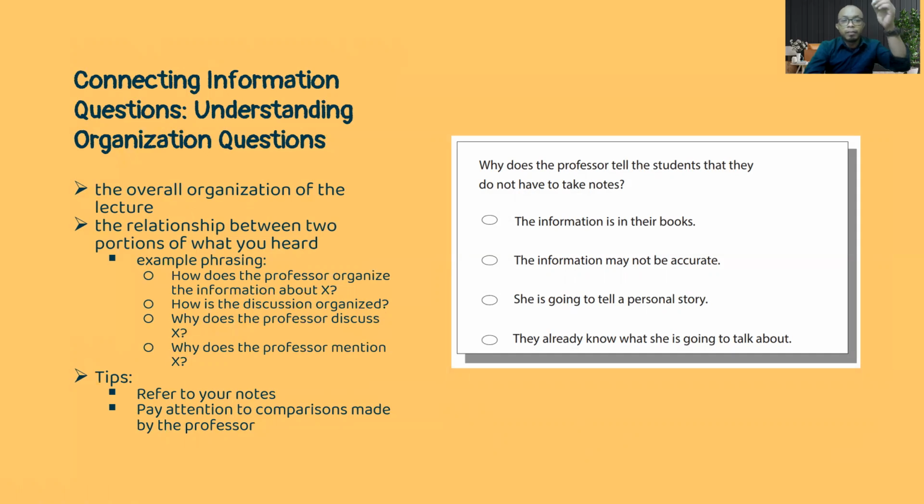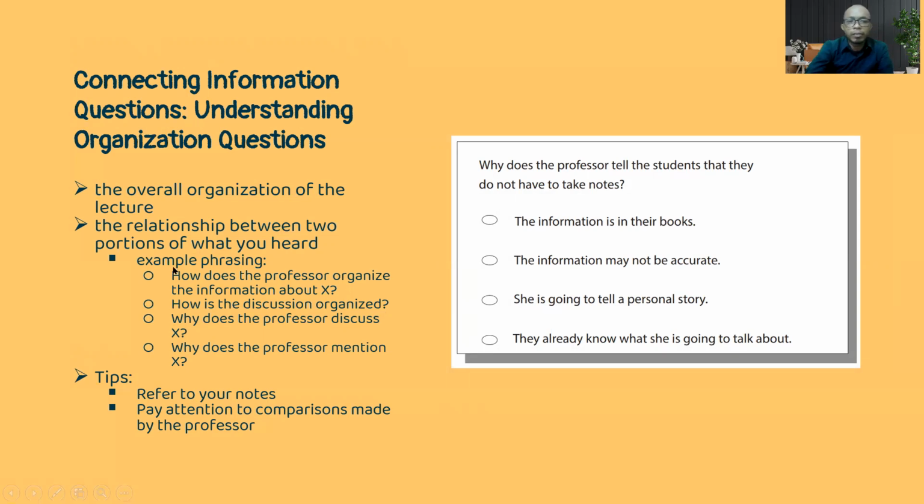Is it from theory and then examples, or is it one concept or theory and then the opposing concept or theory, or is it chronological order, etc.? Okay, so basically it's asking about the relationship between two parts of the listening.